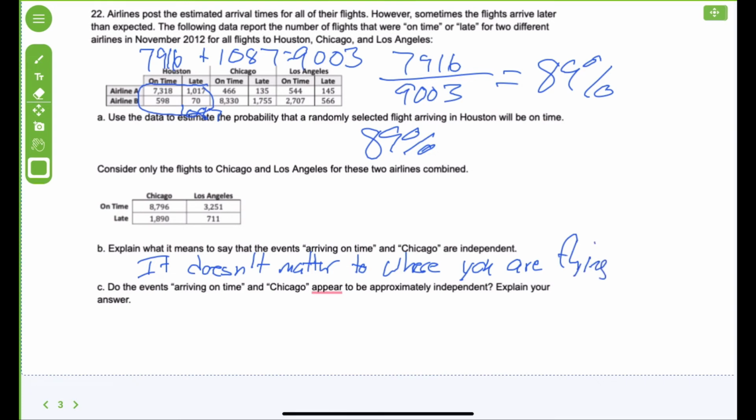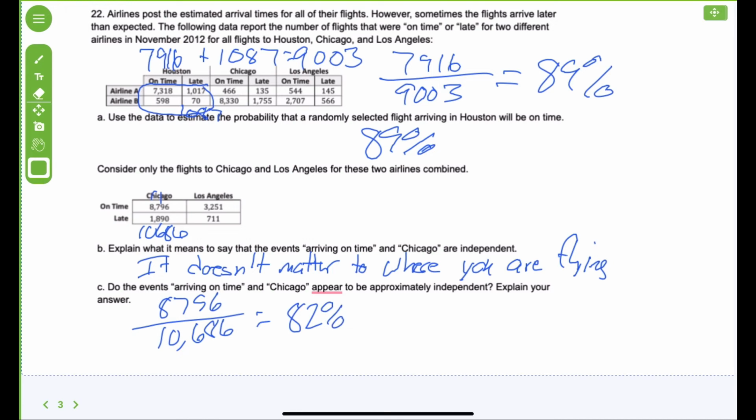Okay? Now, C says, do the events arriving on time and Chicago appear to be approximately independent, and explain your answer. Well, if you're on time in Chicago, that's going to be 8,796 over, well, we got to do this little calculation here, over 10,686. And that is going to be about 82%.